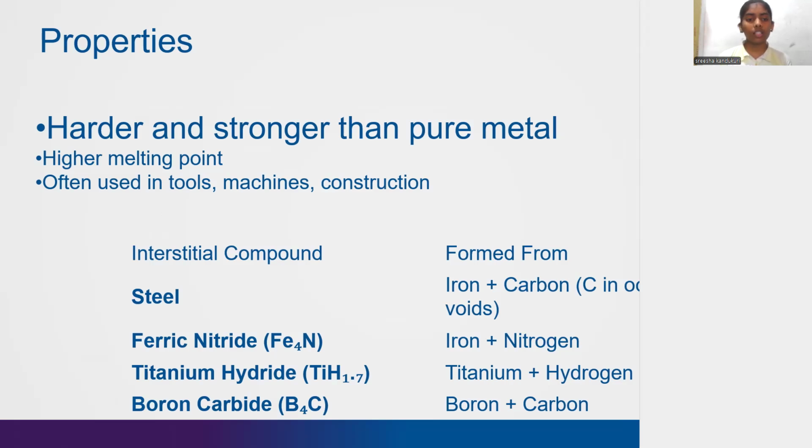Steel is formed from a mixture of iron and carbon, and ferric nitride from iron plus nitrogen. Similarly, titanium hydride is titanium plus hydrogen, and boron carbide is boron plus carbon. So these are the alloys. We can simply say interstitial compound alloys.